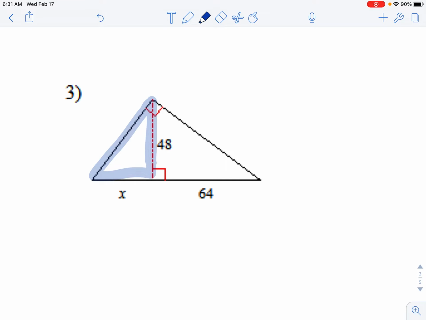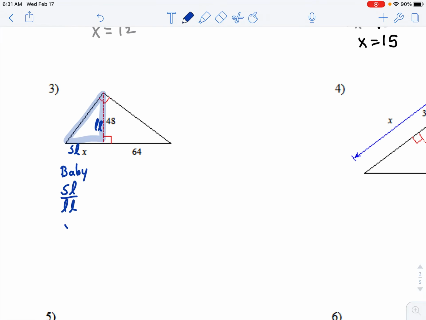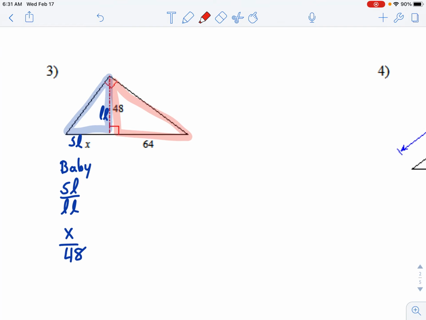Again, we got this right here. We got the baby triangle, and I got the short leg and long leg. So again, SL over LL, it doesn't matter. You could just match up your corresponding parts. And in the medium triangle, the middle child, whatever you want to call it, we have the short leg and then the long leg again.